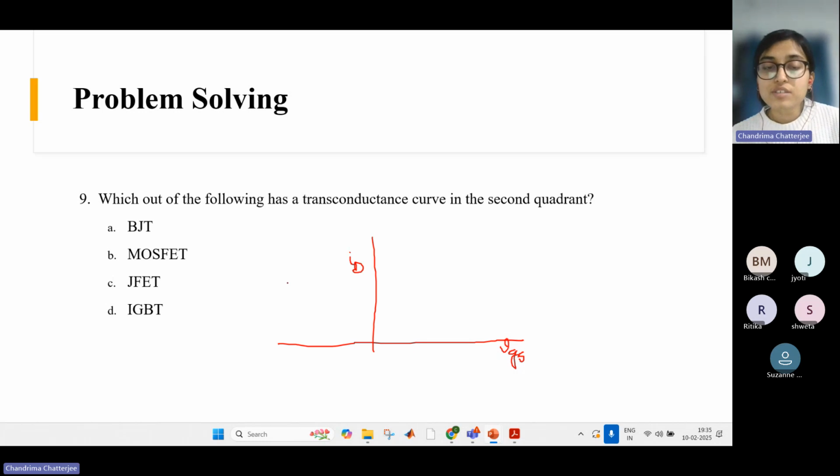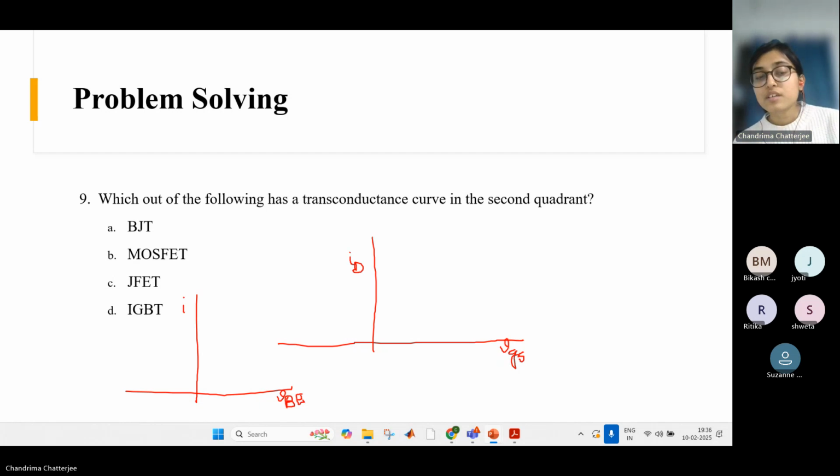Whichever devices we have studied so far, BJT, MOSFET, IGBT, all of them have the transconductance curve in this portion. For IGBT or BJT, the voltage will be V base to emitter because base is the control terminal, and here it will be I collector. So none of them has the transconductance curve in the second quadrant.